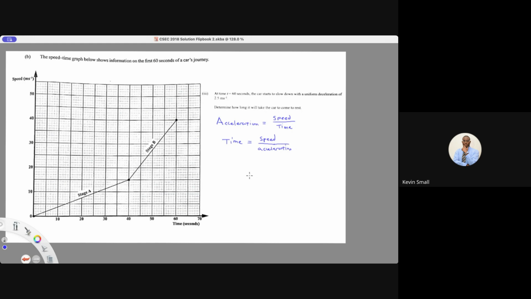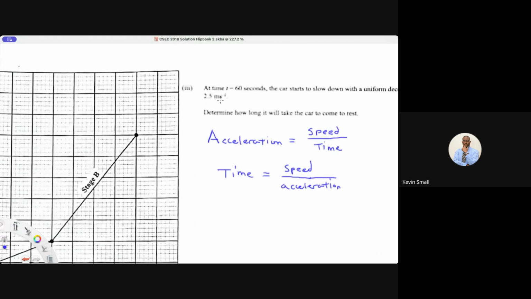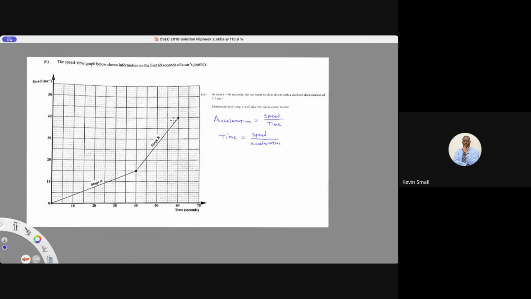All right, so let's see, deceleration. So the deceleration is 2.5 and it slows down until it comes to a rest. So you are essentially going from 40 to 0. You are here at 40 and you're pressing the brakes and you are going to 0.